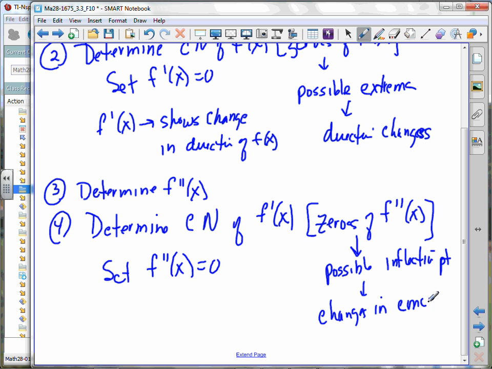Concavity, yeah. Concavity of the function. So the second derivative shows change in concavity.